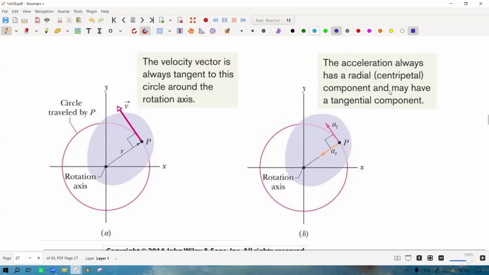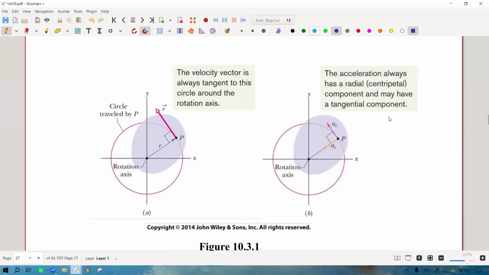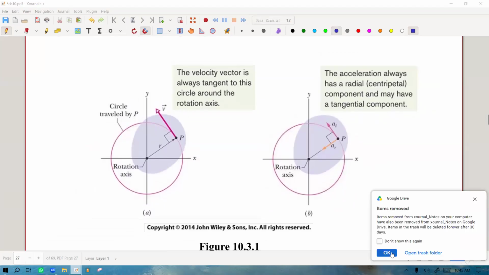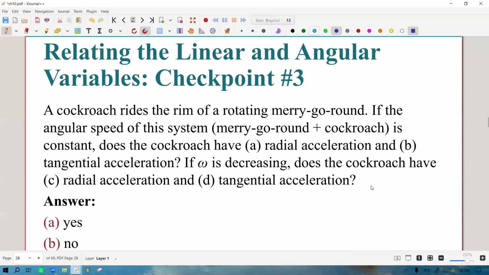So AT is tangential and AR is radial or centripetal acceleration. Any questions for this one?